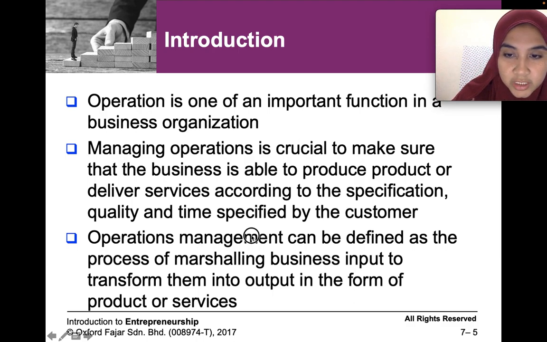Under the process of marshalling business input, it takes a lot of operational processes, where we want to transform the raw material to become the final product. So this is what we mean under operation management: to transform the business input, the raw material, to become the end product or the output in the form of product or services.